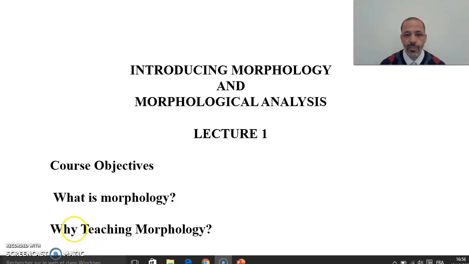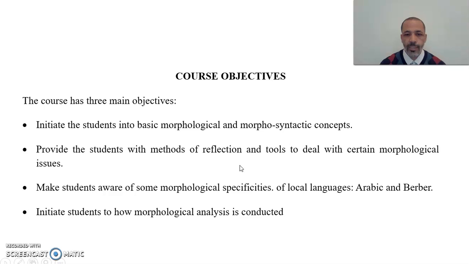So concerning the first point, the course objectives, as you can see, there are four main objectives. In the first one, I will try to initiate the students into basic morphological and morphosyntactic concepts. This initiation is very necessary for every student who would like to major in linguistics.